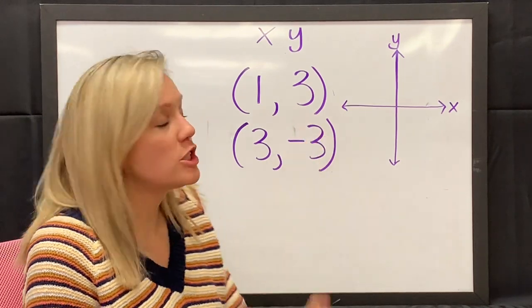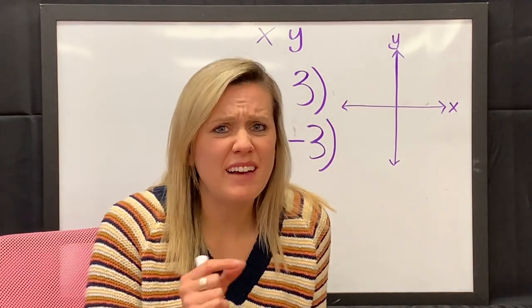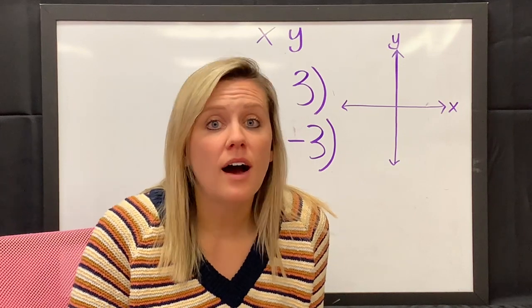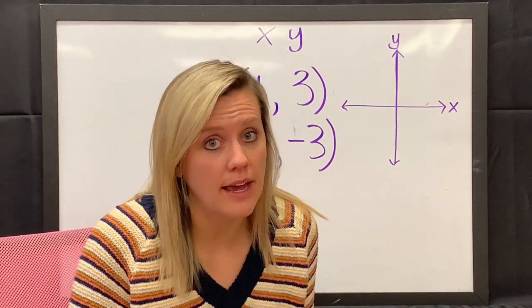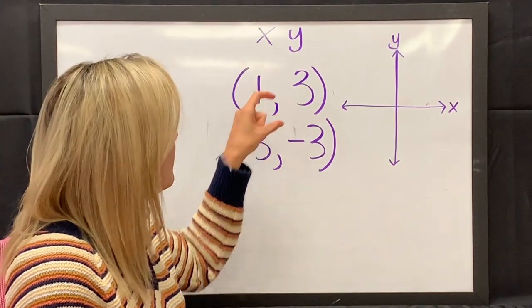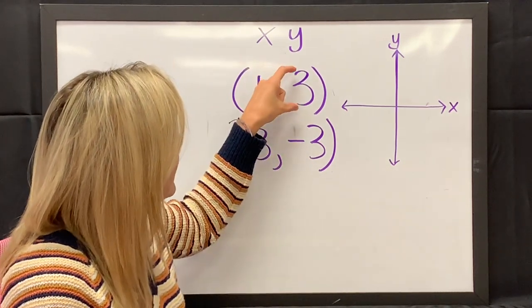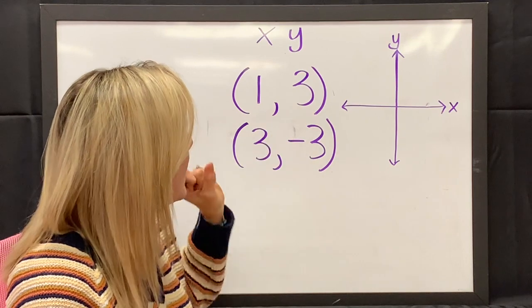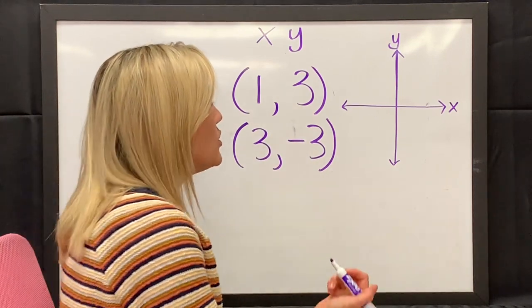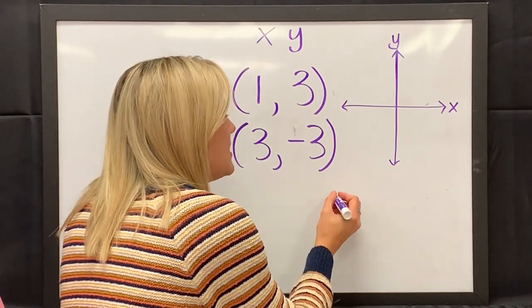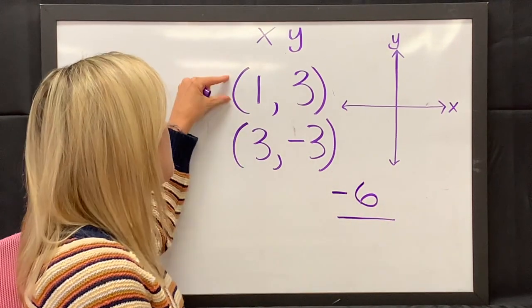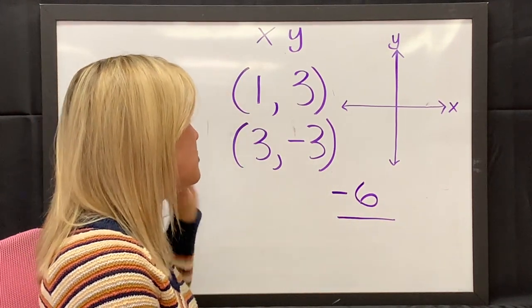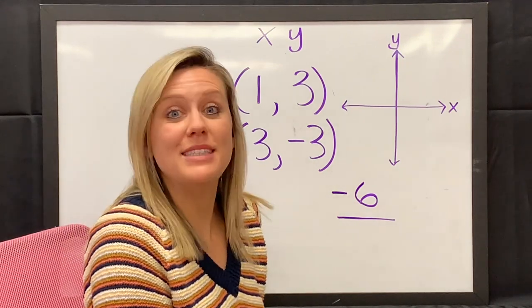So if I start off with 3 and I have to get a smaller number, I am going to be adding a negative number to this. I would have to get rid of this 3 and go down 3 more. So I am going to add a negative 6. And then what number am I going to add to 1 to get to 3? Well, that is going to be 2.